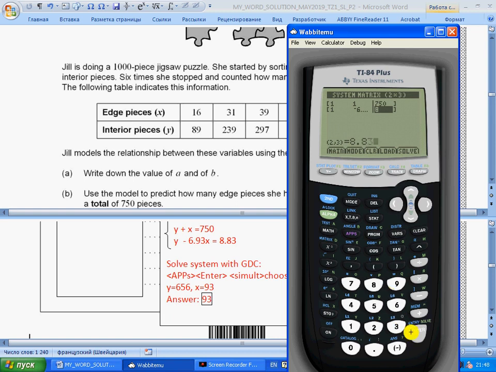Let's check that we inserted everything correctly. So 750, 1, 1, minus 0.693 and 881. Yes. Let's go to solve.